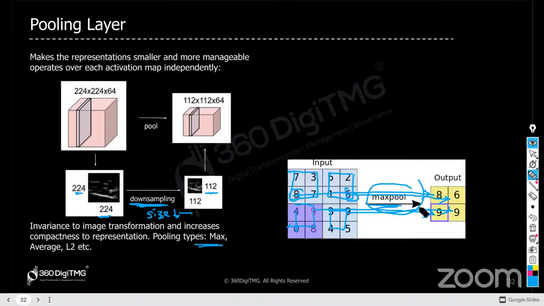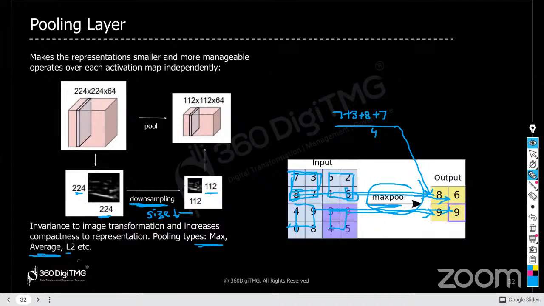And in average, what happens? It will take the average of these values, like 7 plus 3 plus 8 plus 7 divided by 4. This will be your output in the first cell. Just like that, it will take the average of all the values of filter size 2 into 2. That is what happens in average.